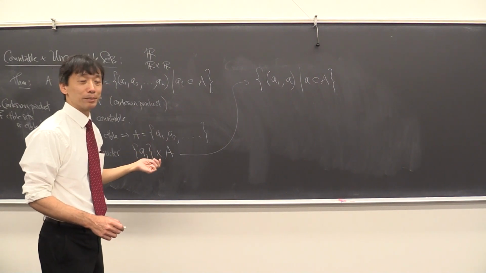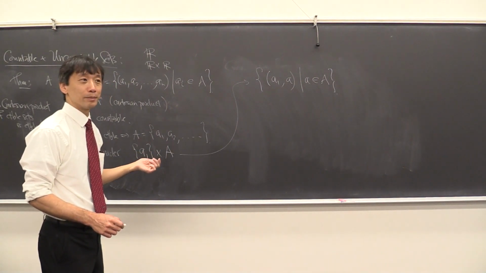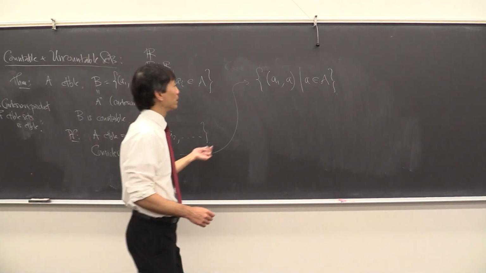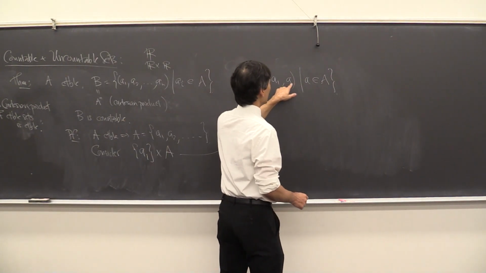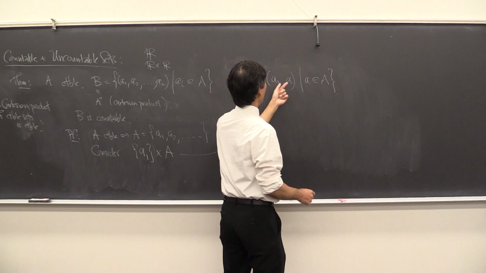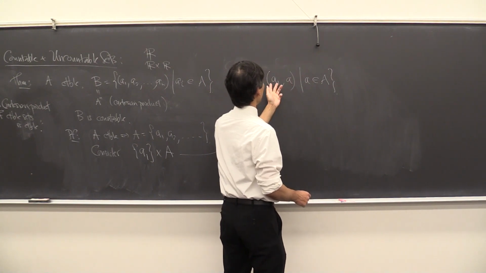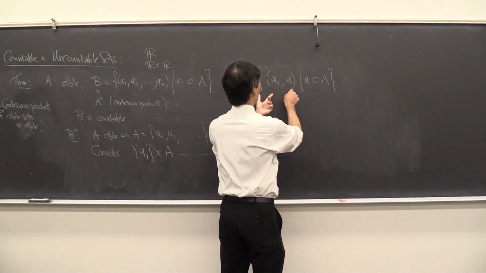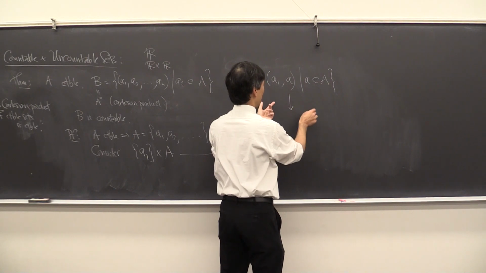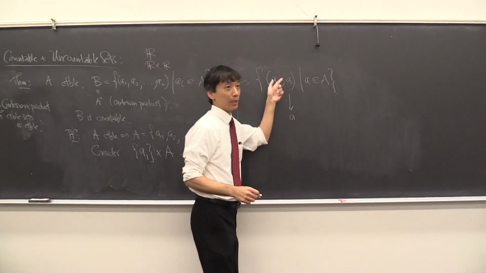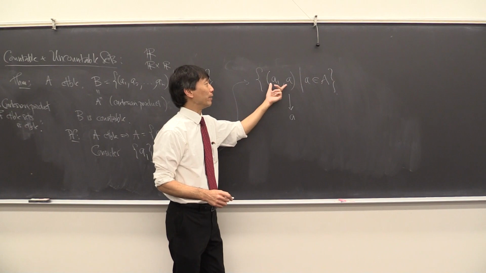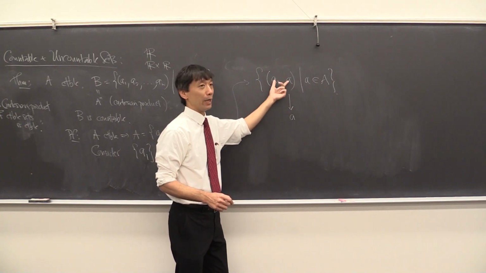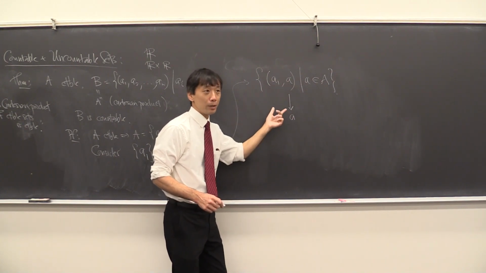Is this countable? Sure. Because the second element is just ranging over A. All we've done is make a map from here to A just by projecting onto the second element. That would give us a one-to-one correspondence between this and A. Is that okay?